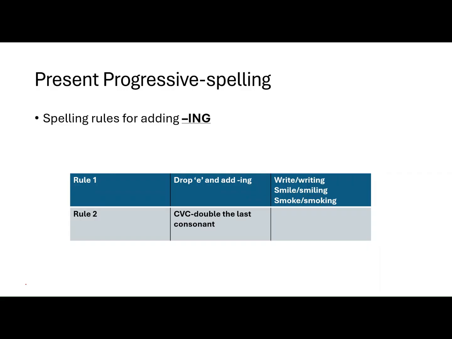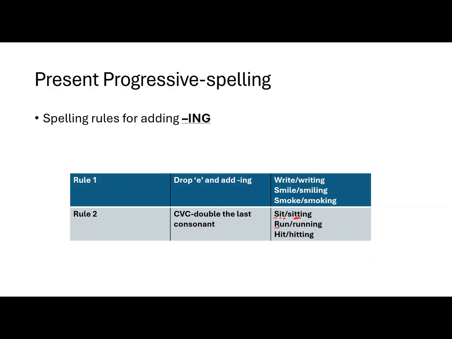Rule number 2 is the consonant vowel consonant rule. If a verb ends in consonant vowel consonant, we need to double the last letter and then add ing. For example, sit has consonant S, vowel I, and consonant T. So it ends with a consonant, vowel, consonant, so we double the T and add ing.